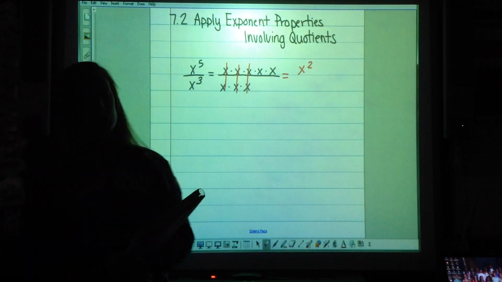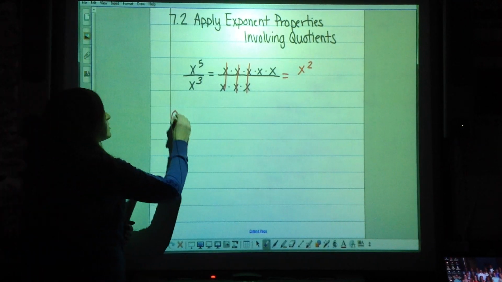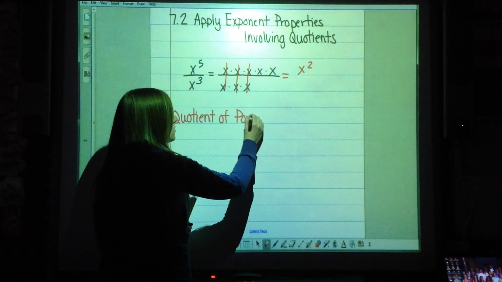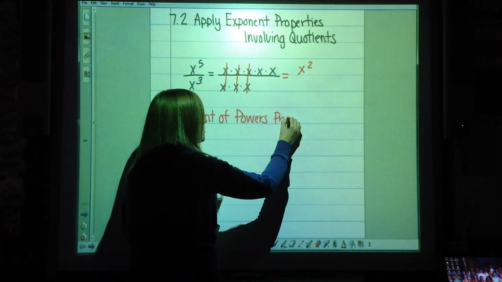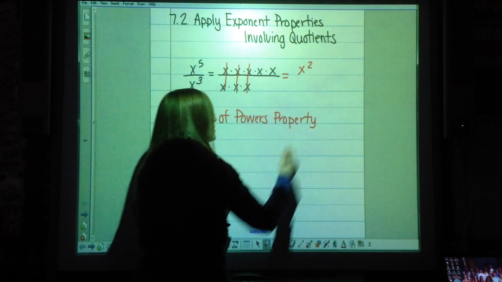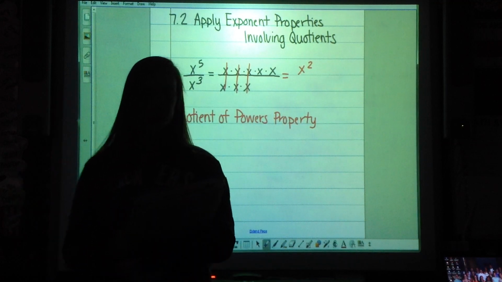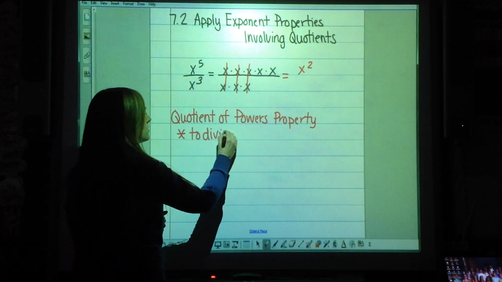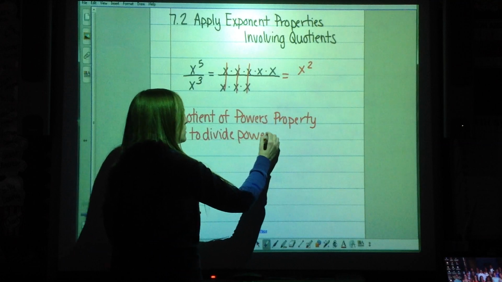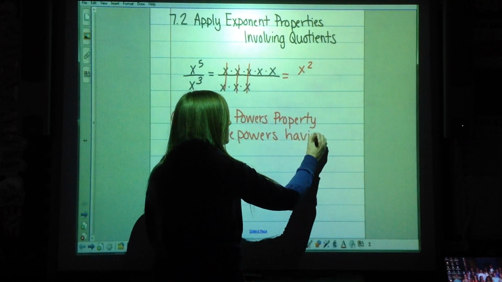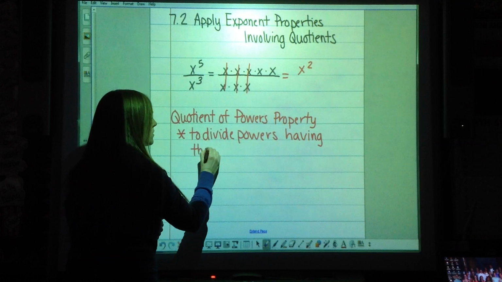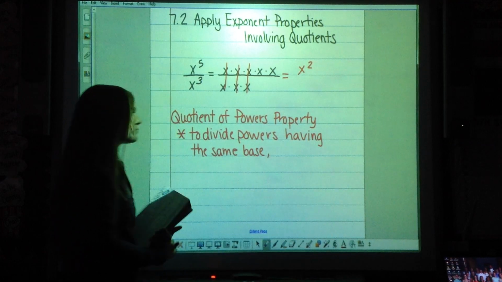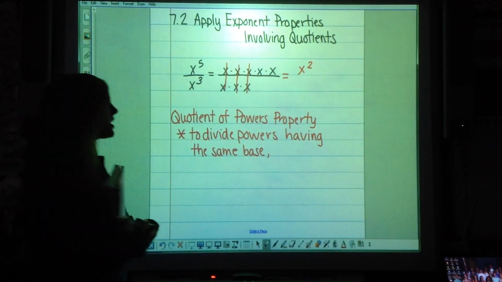This rule is called the quotient of powers property. And it states, to divide powers having the same base, you're going to subtract the exponents.